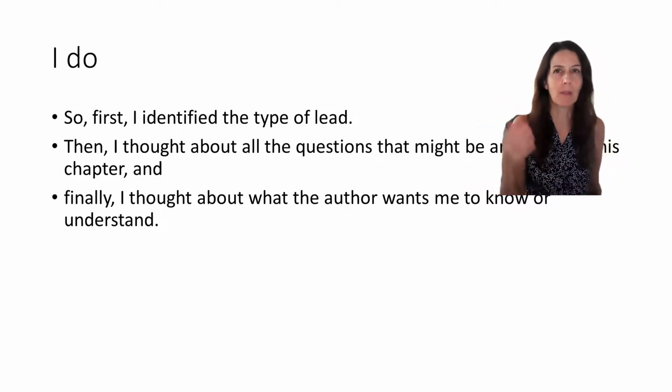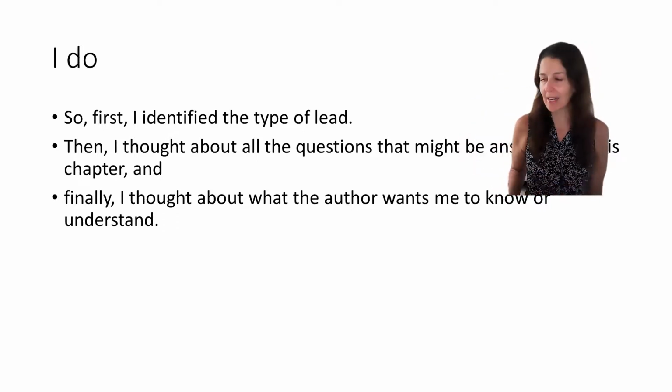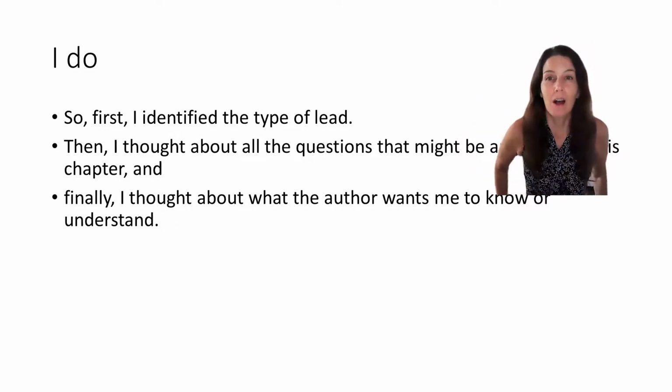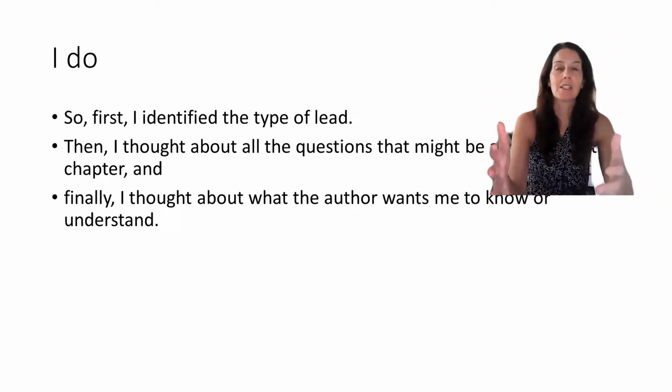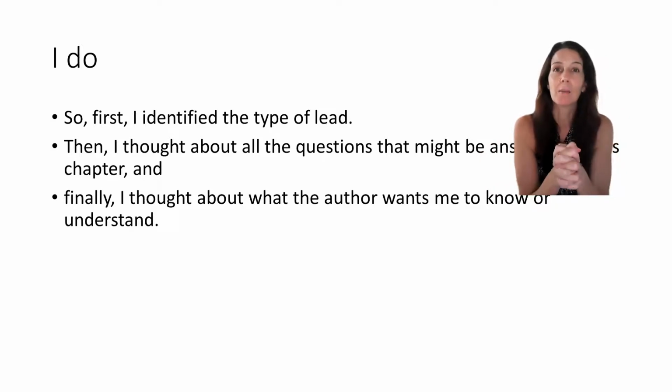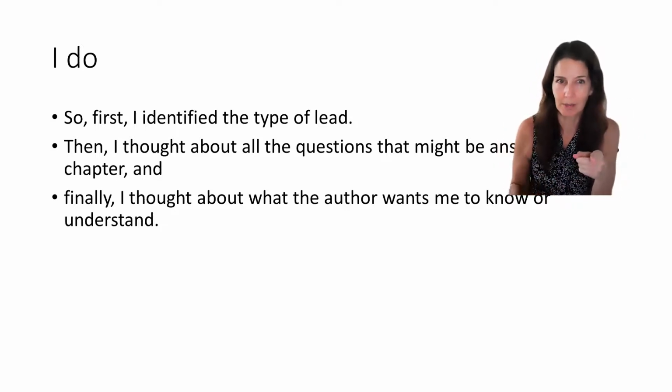So these are some of the things I'm thinking about, even though I've only just read the first page. And I think the author really wants us to know about the dynamics in the family, but also how whoever is coming to stay with this family is really going to make an impact.